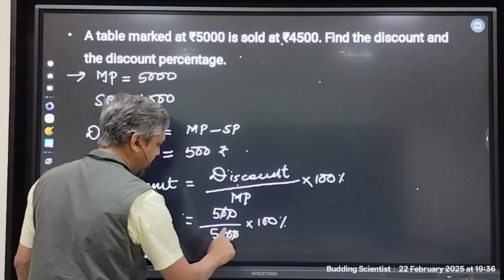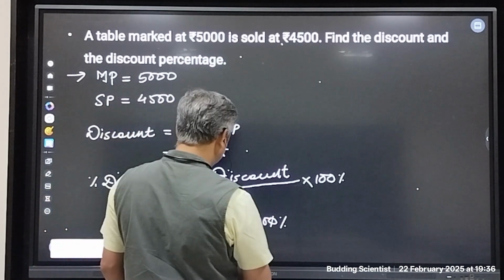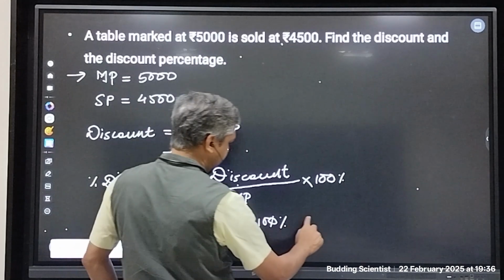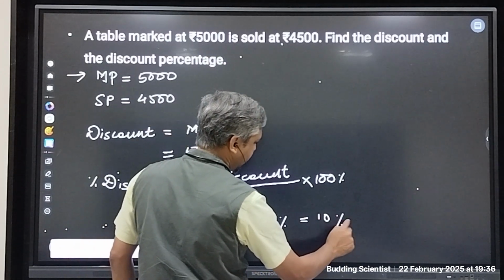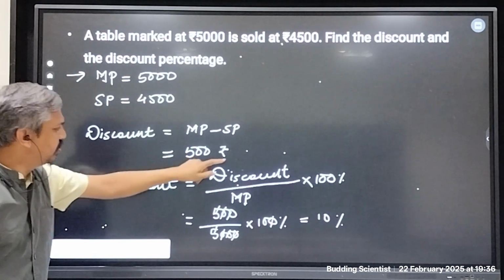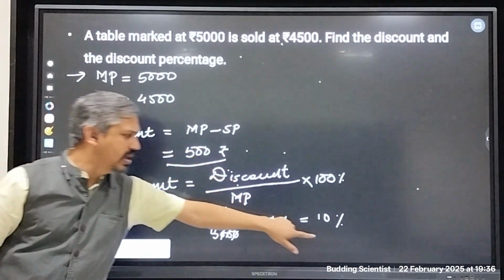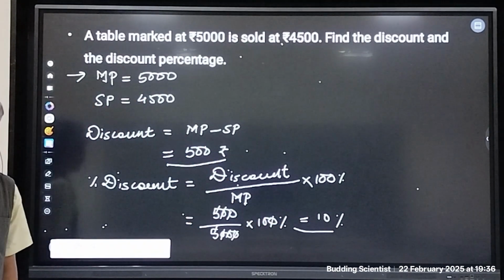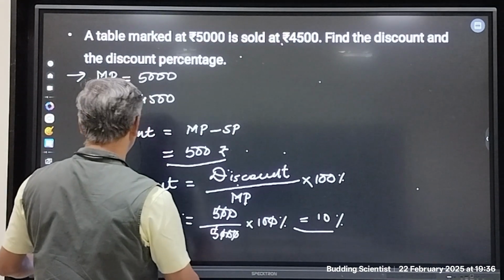The zeros are gone, 5 gone. So this is like 10%. So 10% discount was given. The total discount offered was rupees 500, and in terms of percentage, the discount came out to be 10%. I hope there is no problem with this.